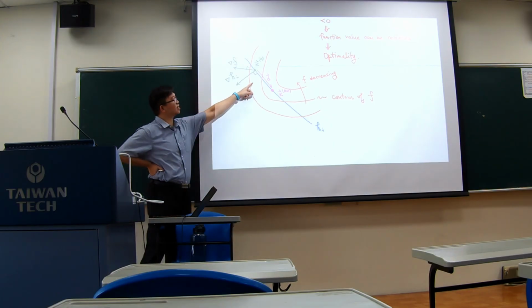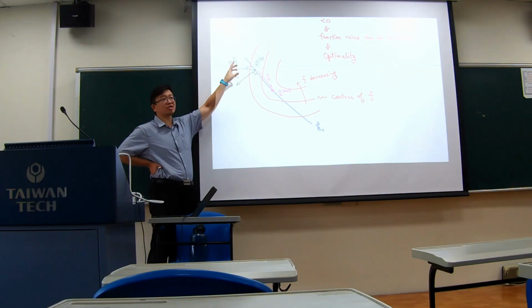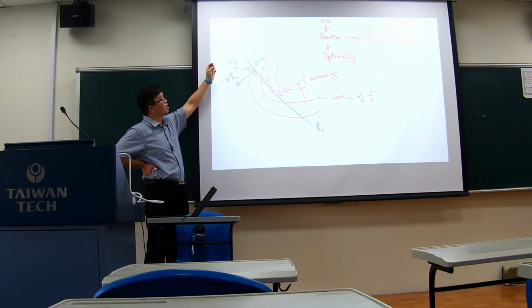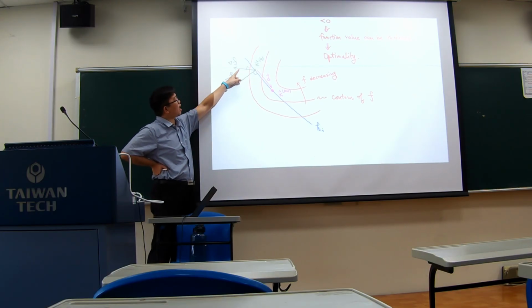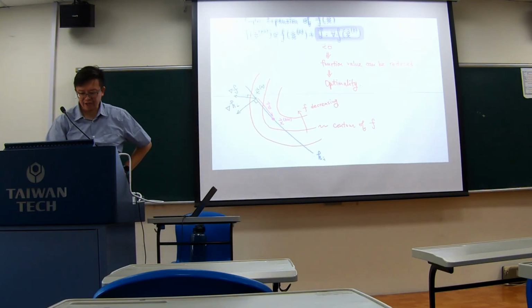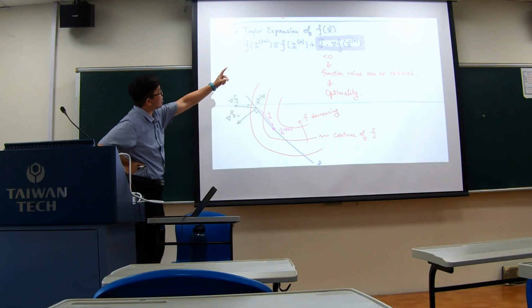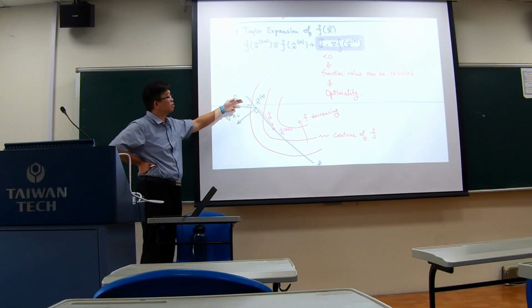For this case, the angle between them is greater than 90 degrees, so the dot product between them will be negative. So d dot gradient f is negative, which satisfies what we talked about earlier.